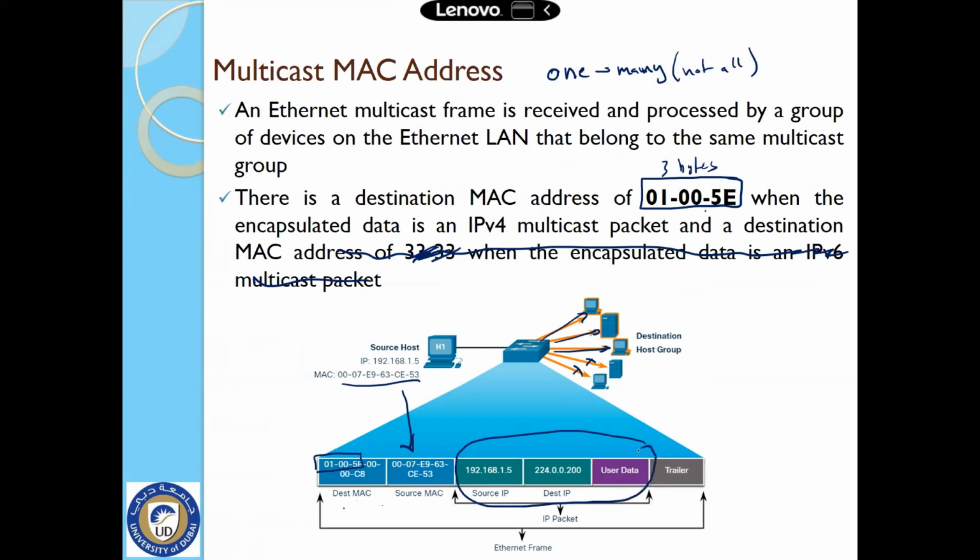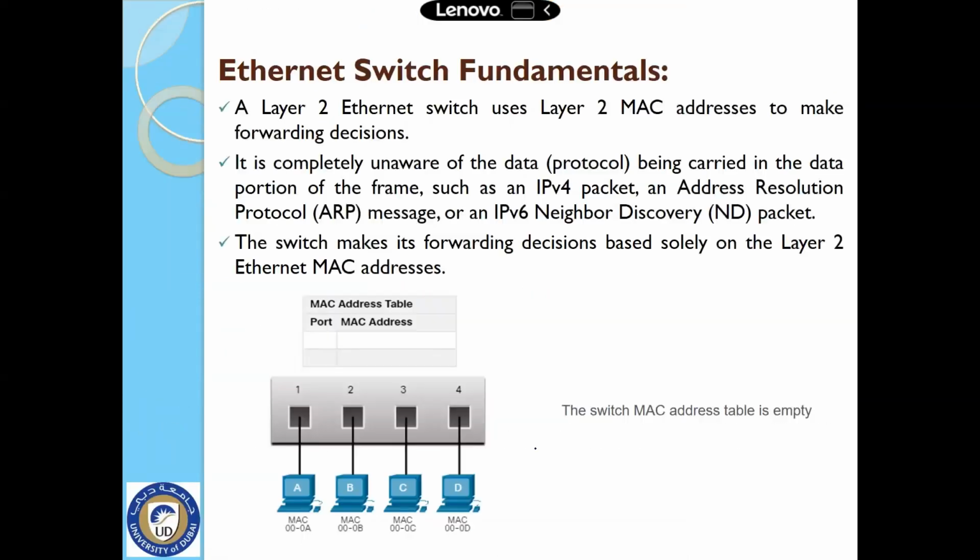It will look at it as a black box. It doesn't know what the data is. It has nothing to do with the IP addresses. So it is completely unaware of the data protocol being carried in the data portion of the frame, such as whether it was an IP version 4 packet, whether it was Address Resolution Protocol, and whatever. So it's unaware. It's kind of generic, it works for all.